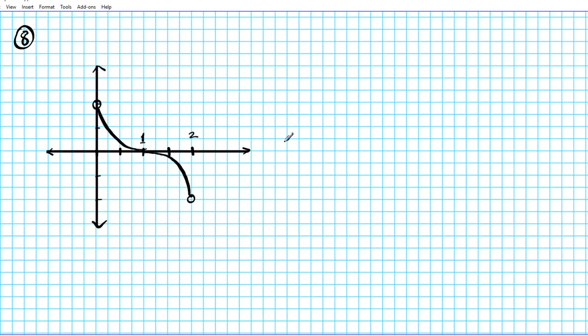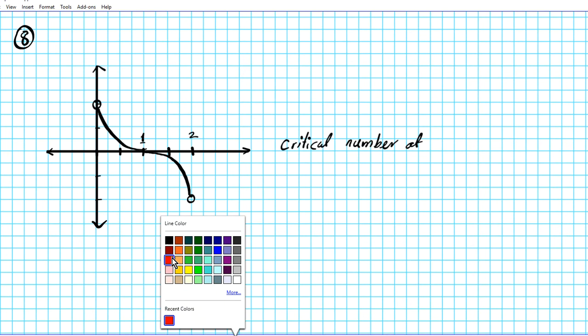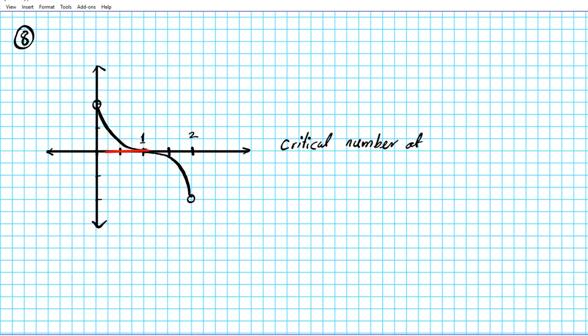For this particular problem, the critical number is at x equals 1. Why is that? Well, at x equals 1, you have a horizontal tangent line. At this particular point, f prime of 1 is equal to 0.